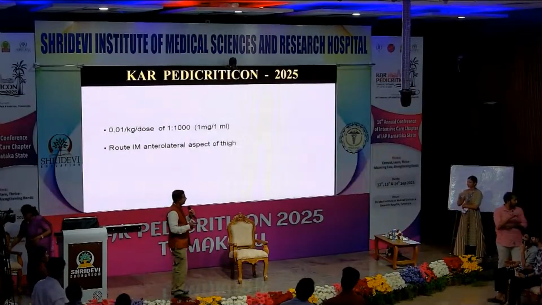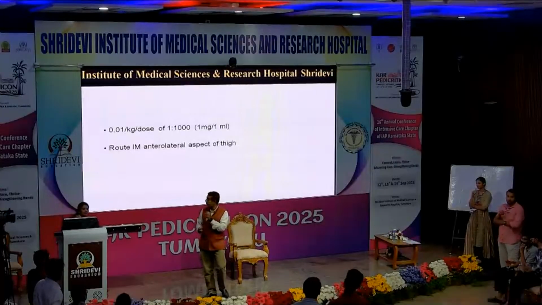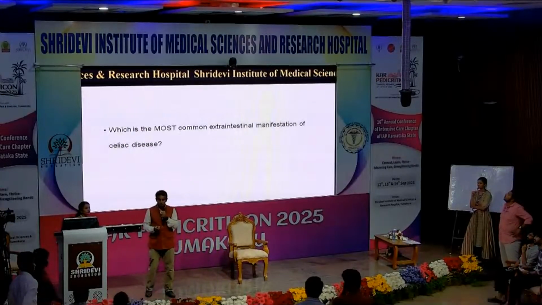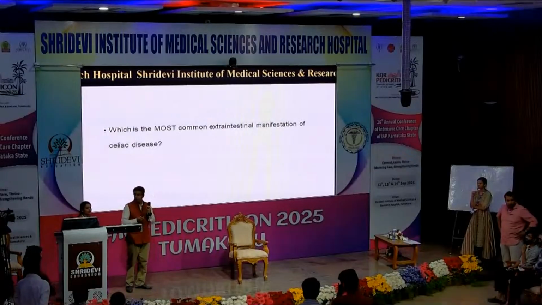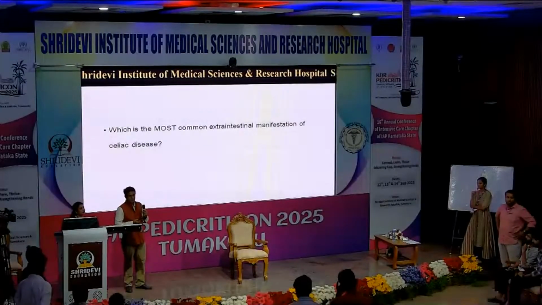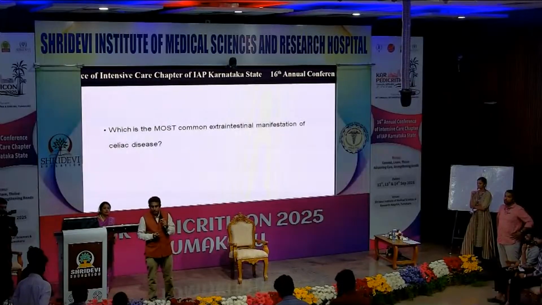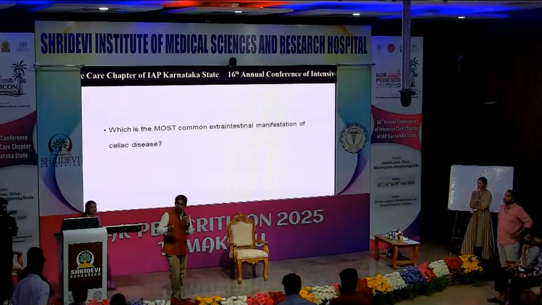5 marks for it. Your next question for A: which is the most common extraintestinal manifestation of celiac disease? Autoimmune diabetes. Others, please give your answer.